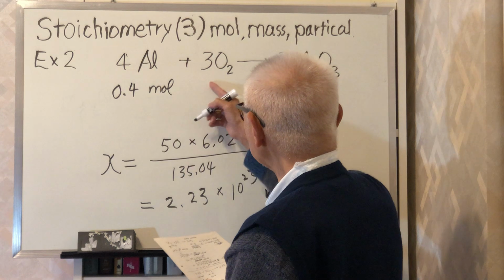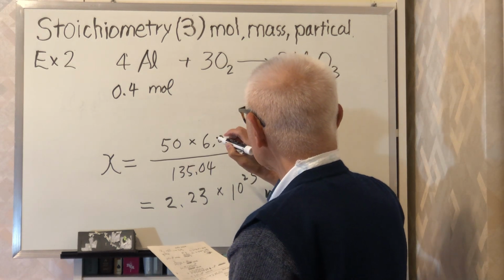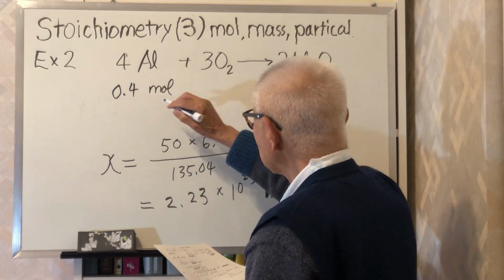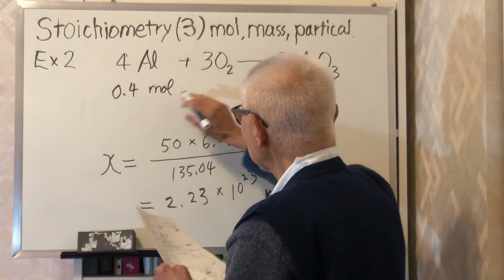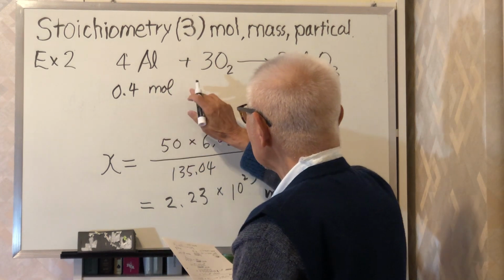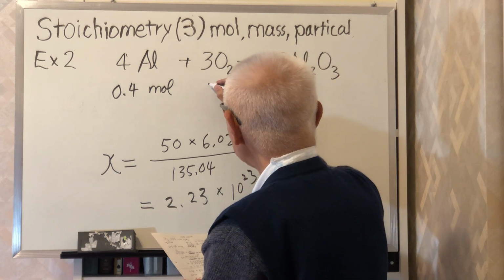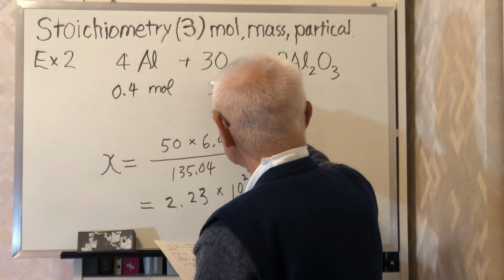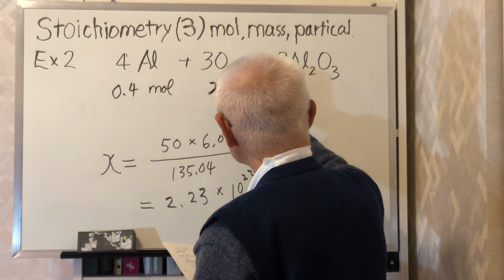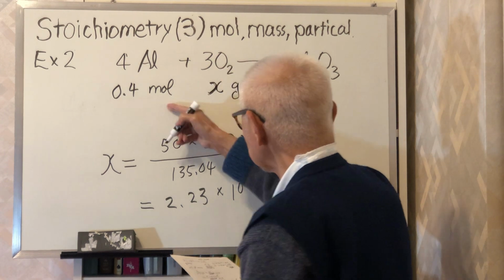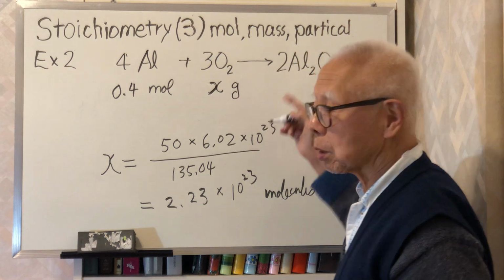This will combine with oxygen completely in a chemical reaction. This many moles will combine with how many grams of oxygen? X grams of oxygen to produce aluminum oxide.